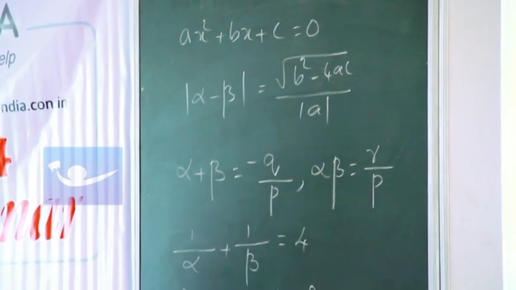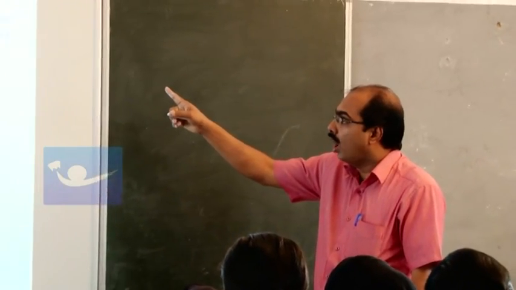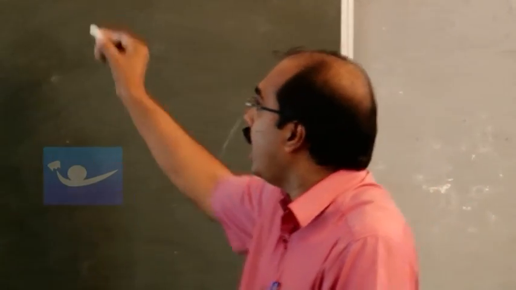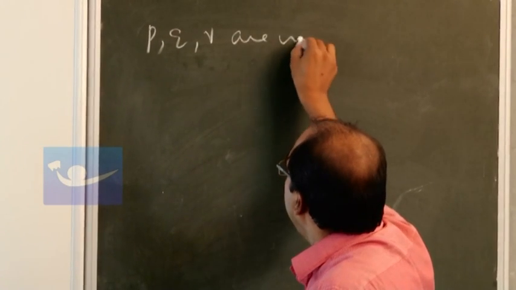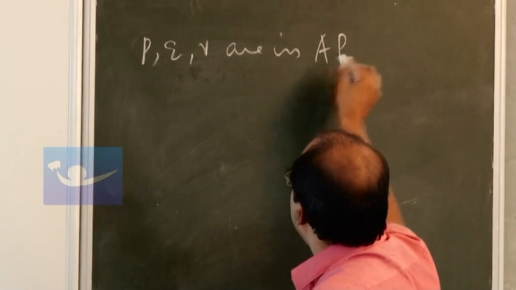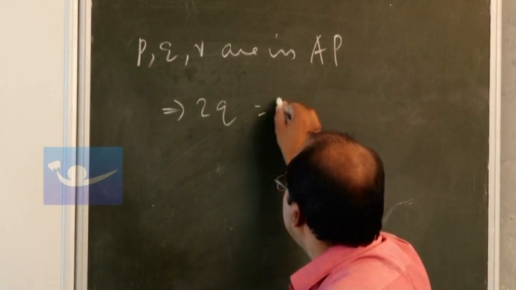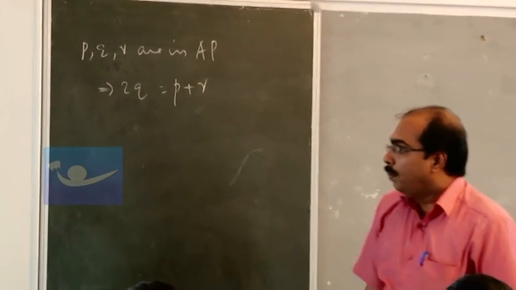Now, we have been given one more condition, namely p, q, r are in AP. If p, q, r are in AP, we can have 2 times the middle term equal to first plus last. 2q equal to p plus r.